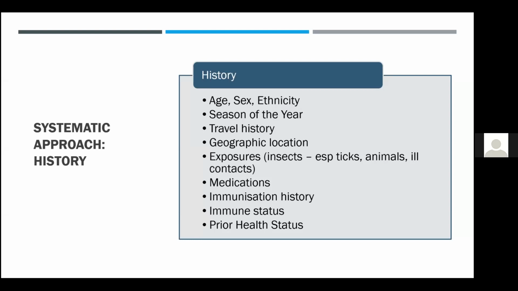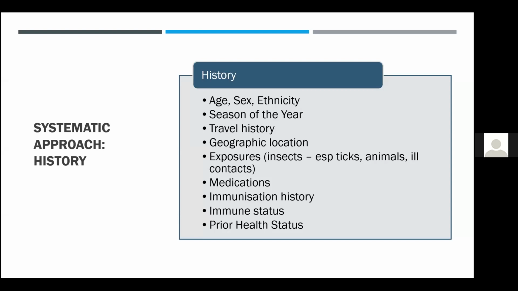And when is it occurring? Summer and autumn is more enterovirus. Winter or early spring is Kawasaki. And the medical and family history should also be used to assess the overall health of the patient, as well as that of the family. You need to decide if there's an underlying primary or acquired immunodeficiency.